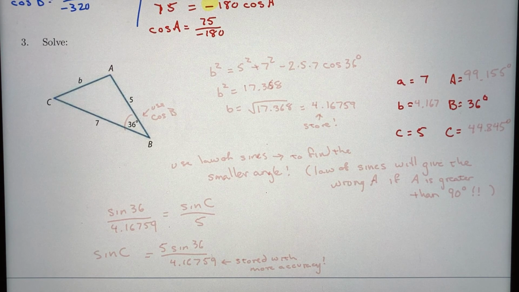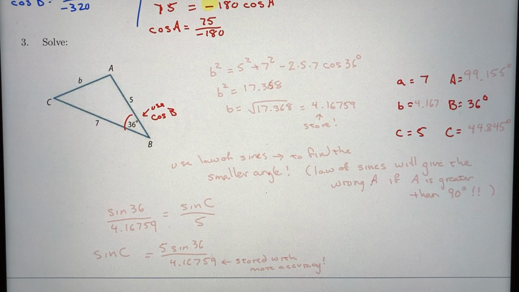So what do we have? We have the only one where we can actually solve things is if we use cosine of 36. And 36 is angle B, so we'll have to use cosine of angle B.